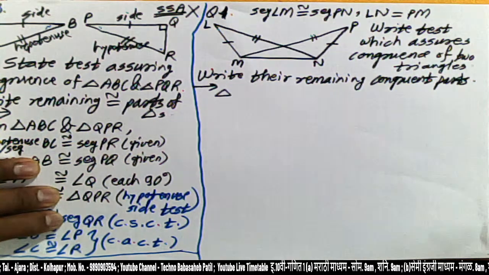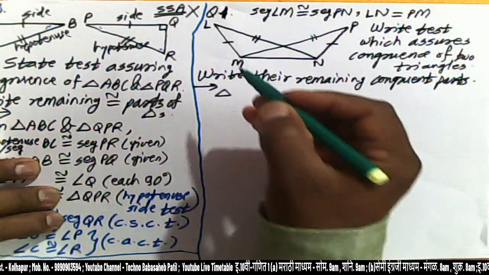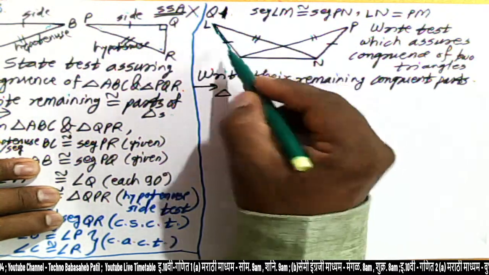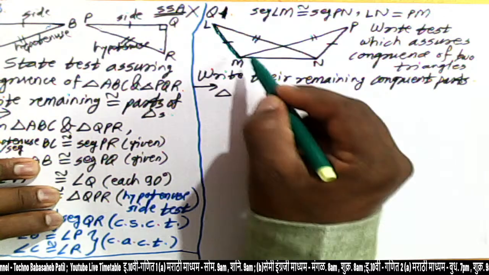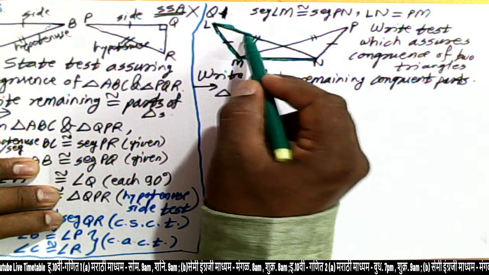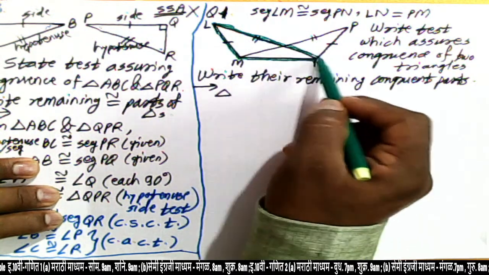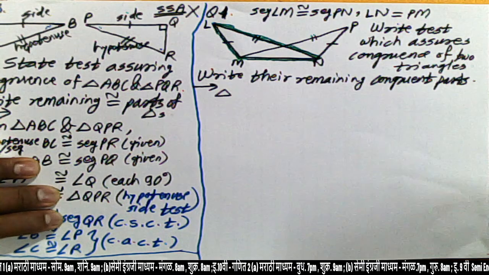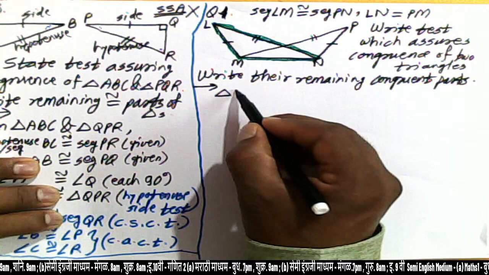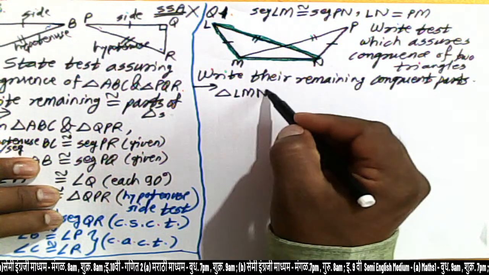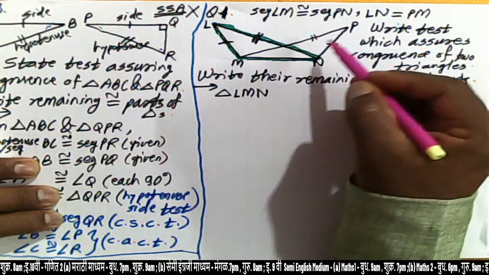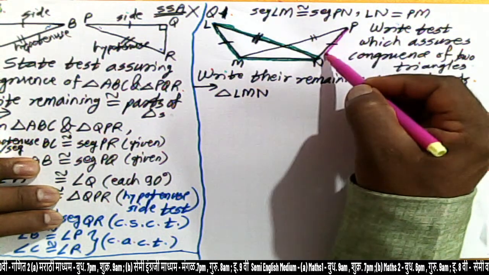First triangle is triangle LMN, and another triangle is triangle PNM.